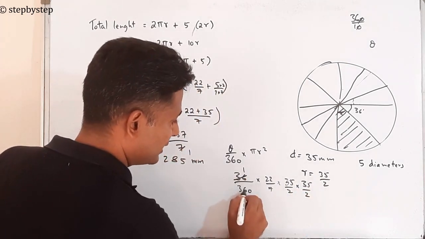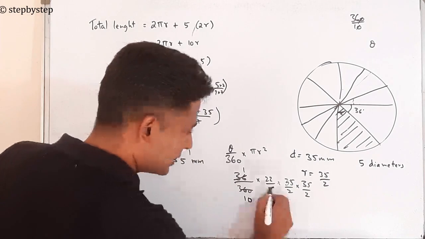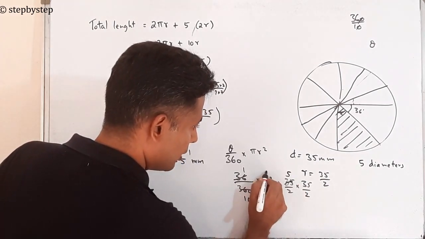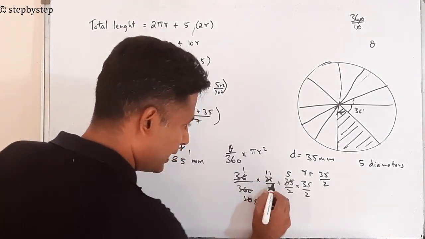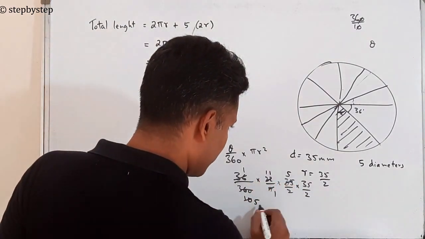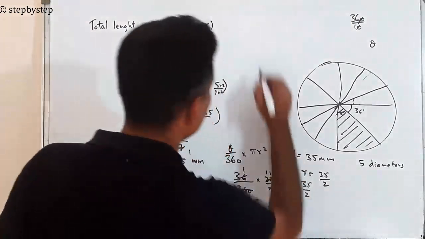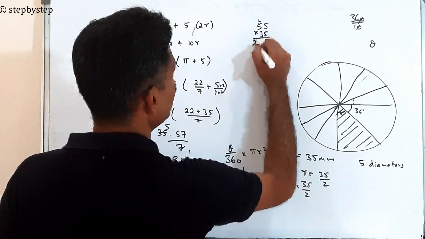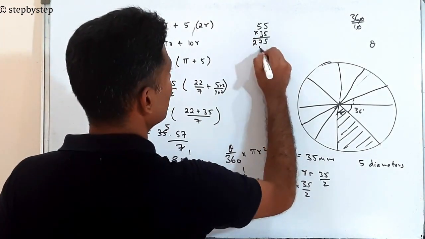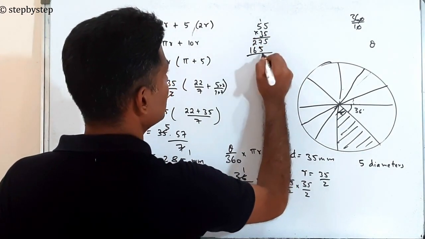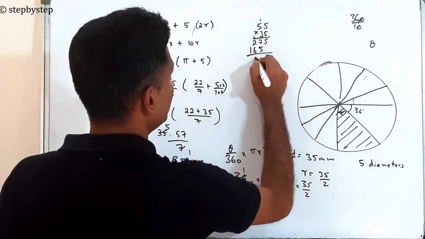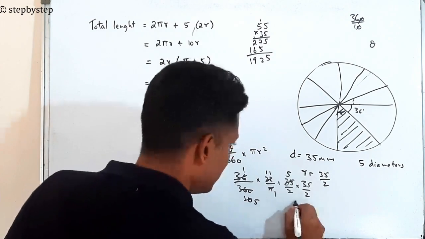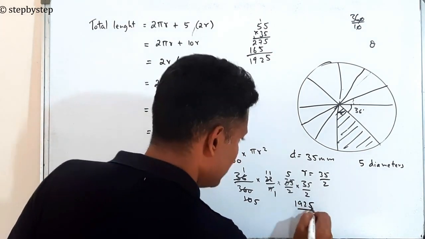Simplifying, we get 11 into 5 into 35. 11 into 5 is 55, 55 into 35 is 1925.